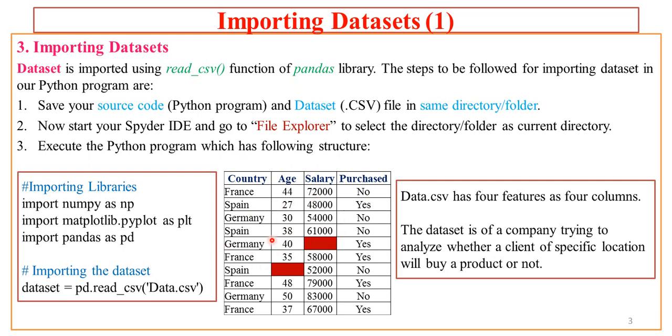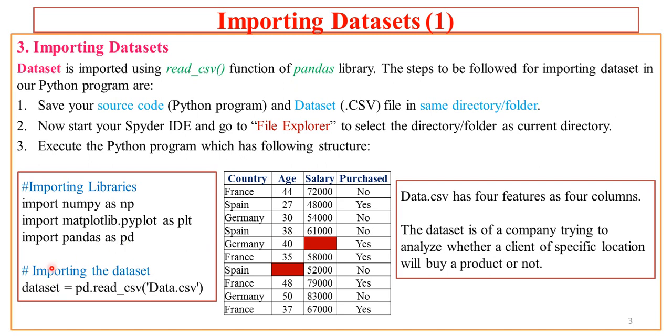Using this data, if a new prediction is to be made, whether any specific client or group of clients are going to buy any product in future or not, then this data set is to be used in our preprocessing phase. That means we want to analyze this data, and we first want to do preprocessing on this data set.